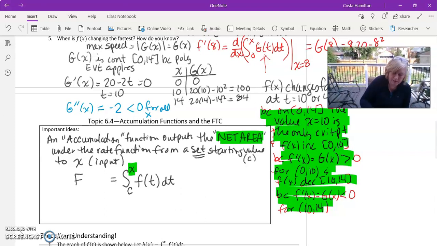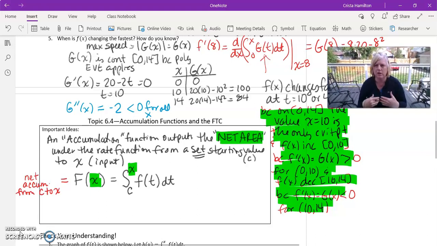And this capital F is going to be a function of x, because it's going to match our input, which is the upper bound. And we're going to remember that this function is a net accumulation function from c to x. And so that's what's called our accumulation function that we're talking about.